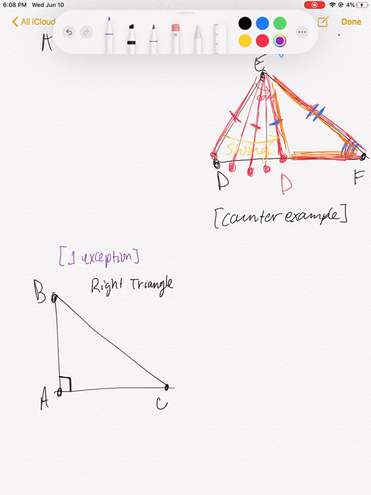So this is the right angle. This side right here is called the hypotenuse.